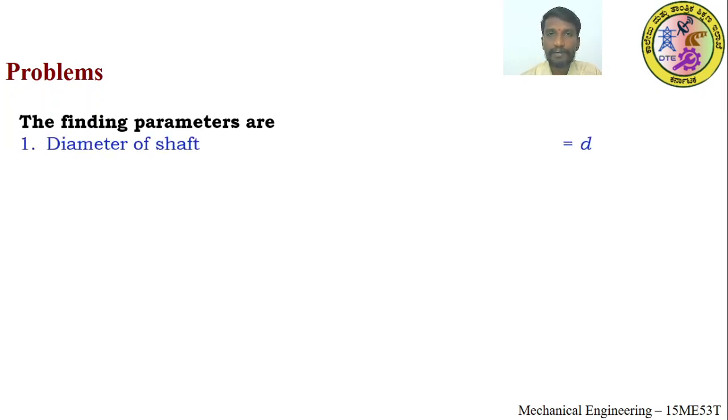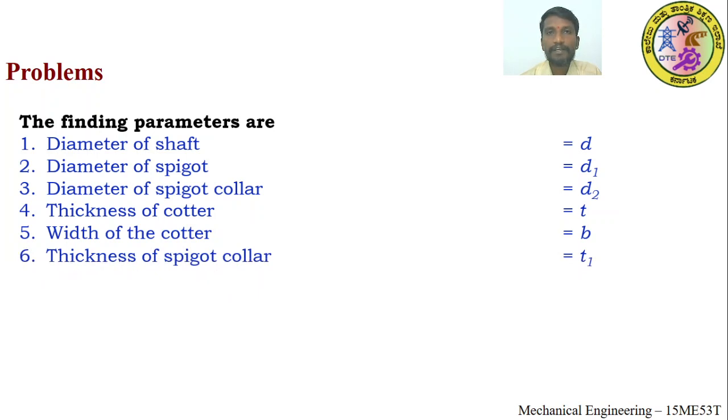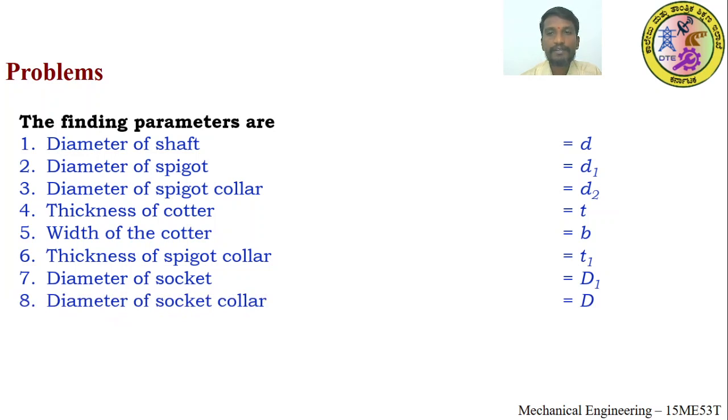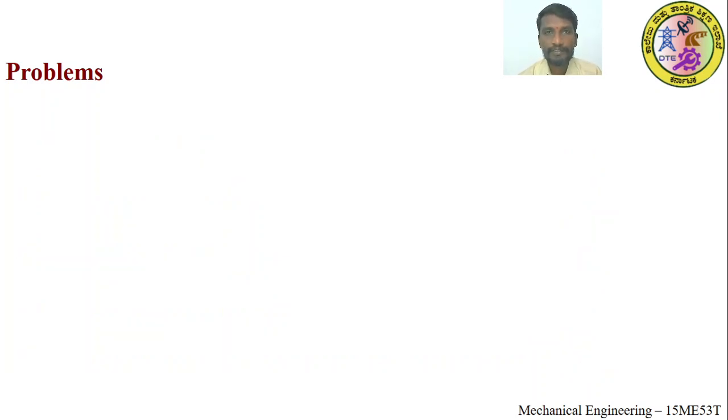Diameter of the shaft small d, diameter of the spigot small d1, diameter of the spigot collar small d2, thickness of the quarter t, width of the quarter b, thickness of the spigot collar t1, diameter of the socket capital D1, diameter of the socket collar capital D, thickness of the socket collar l, distance of the rod end to the slot end of the rod, that is l1, and thickness of the socket end, that is t2. So, these are the 11 parameters we have to find in designing the quarter joint.